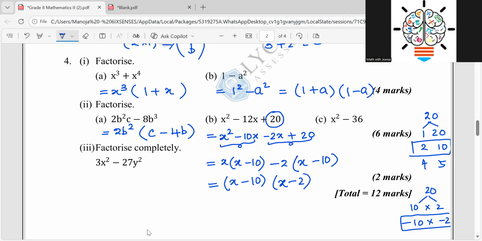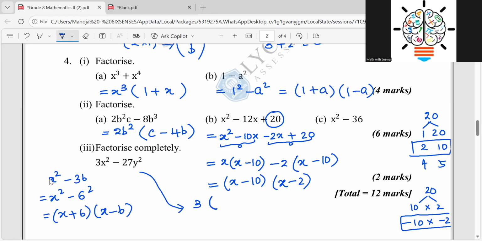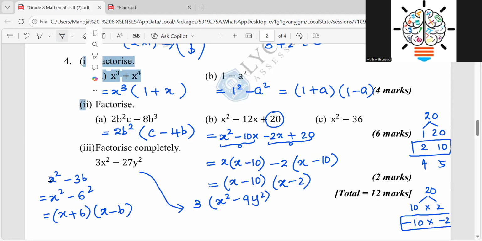And the next one, you can write x squared minus 36 means x squared minus 6 squared. So then you can write x plus 6 and x minus 6. And the next one, you take 3 out and you have x squared minus 9y squared. See how I'm writing the answer here, children.